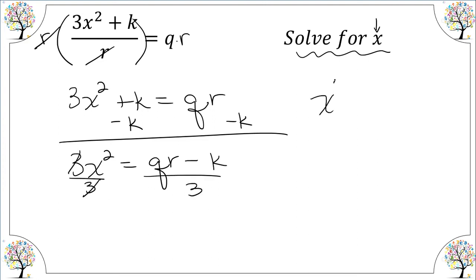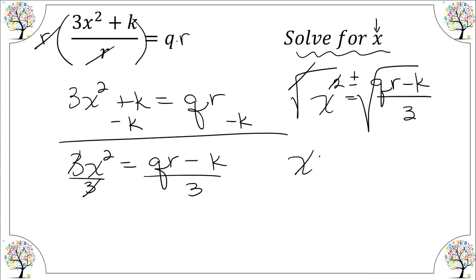We get x squared is equal to qr minus k divided by 3. We're going to undo the squaring by taking the square root of both sides, so plus or minus out front. And our final answer is x is equal to plus or minus, and all of this one term is under the radical.